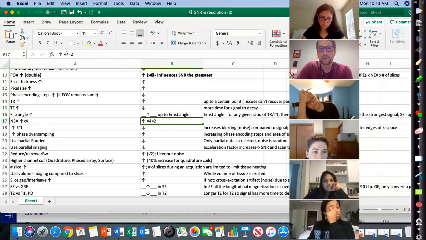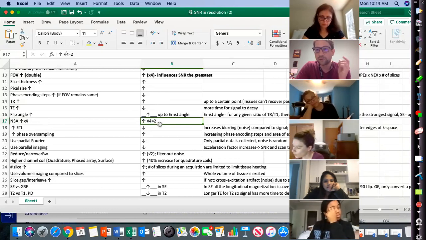Field of view is way better at increasing signal than bumping up my NSA. And NSA is part of the scan time equation. So if you bump up your NSA by 4, you only get an increase in signal by 2, but your scan time is going to increase by 4. So that's one of those trade-offs.